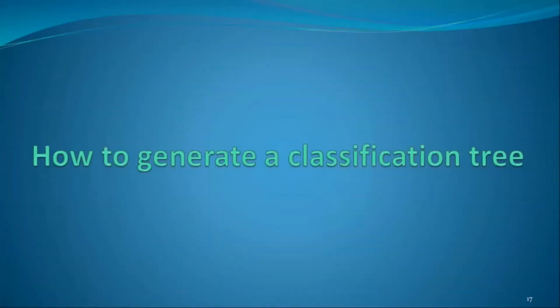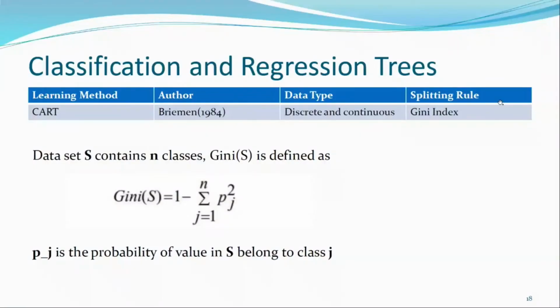Now it's time to move into our next topic. We will learn how we can create a classification tree using Gini impurity. So, what is CART? It refers to classification and regression trees. A classification and regression tree is a predictive algorithm used in machine learning.